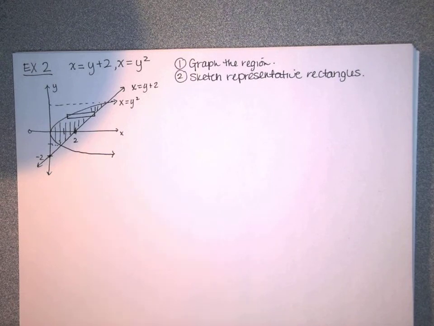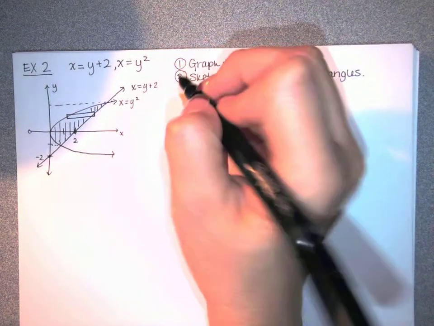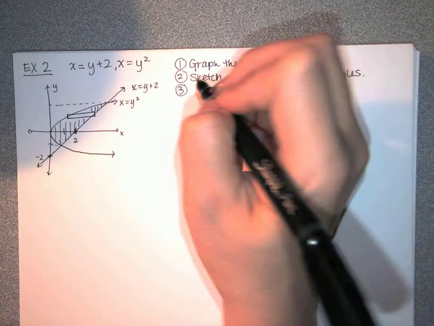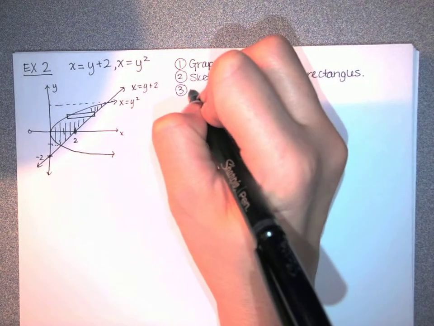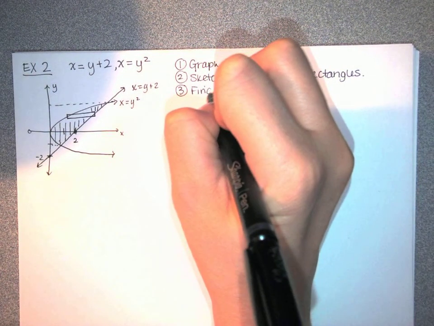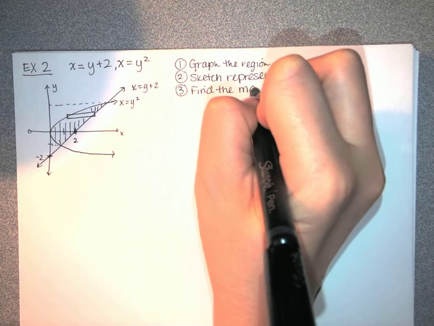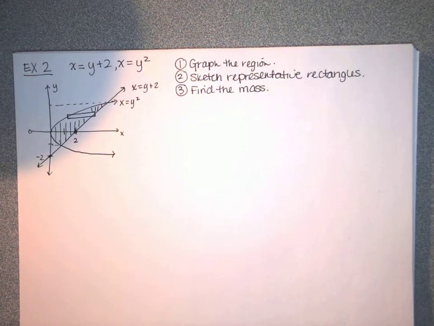So I've drawn my representative rectangles this way, and now I want to find the moments for that particular rectangle about the x and y axes. Actually, I think I want to find the mass first. Let's find the mass of the entire region, and then we will find the moments for that rectangle about the x and y axes.